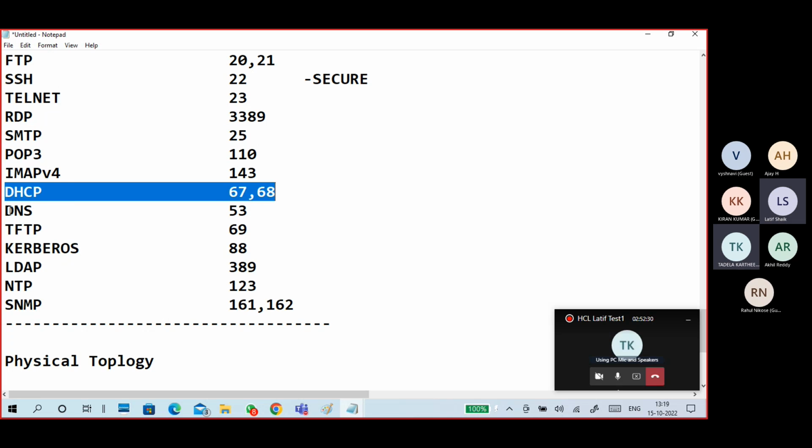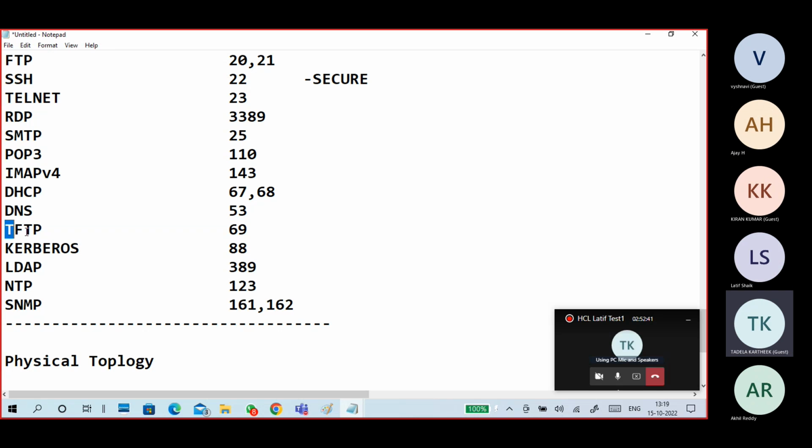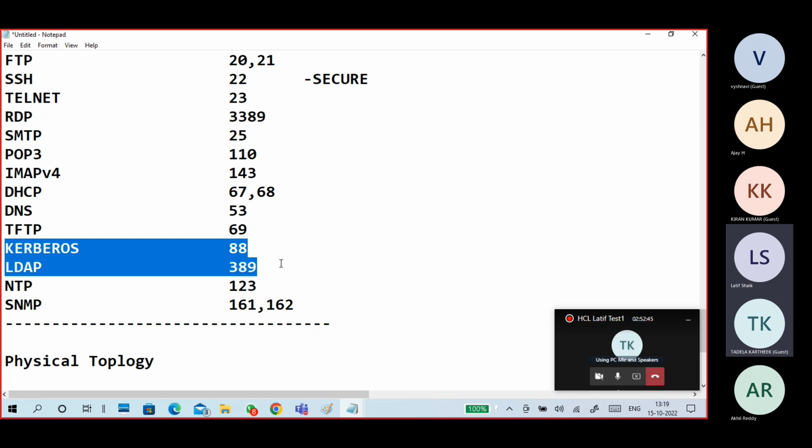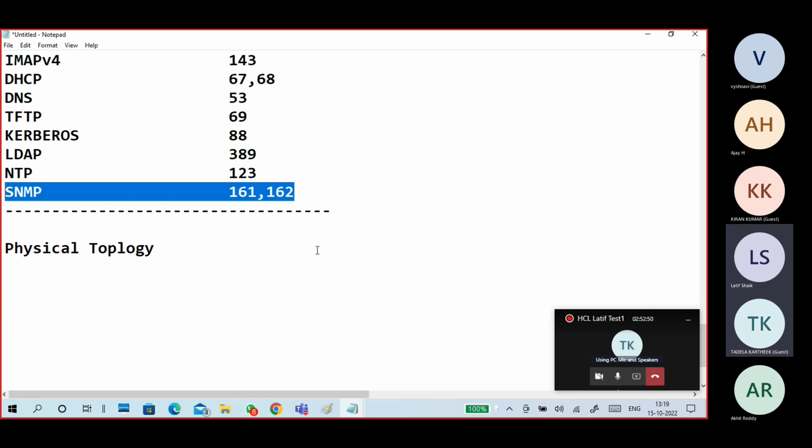DHCP to configure IP addresses to the clients automatically. DNS, to get the IP address of some host in the domain. Trivial file transfer protocol. Kerberos and LDAP for authentication purpose. SNMP for monitoring purpose.